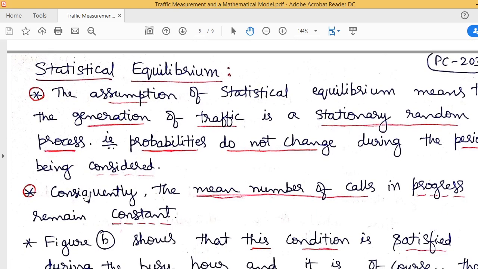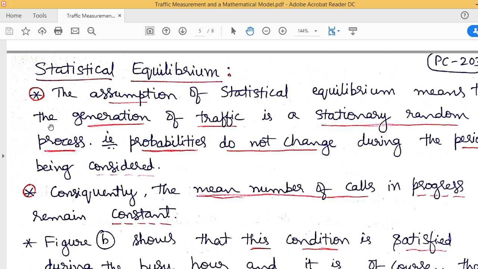Next, let us deal with statistical equilibrium. This is the second assumption of our mathematical model. The assumption of statistical equilibrium means that the generation of traffic is a stationary random process, that is, probabilities do not change during the period being considered.